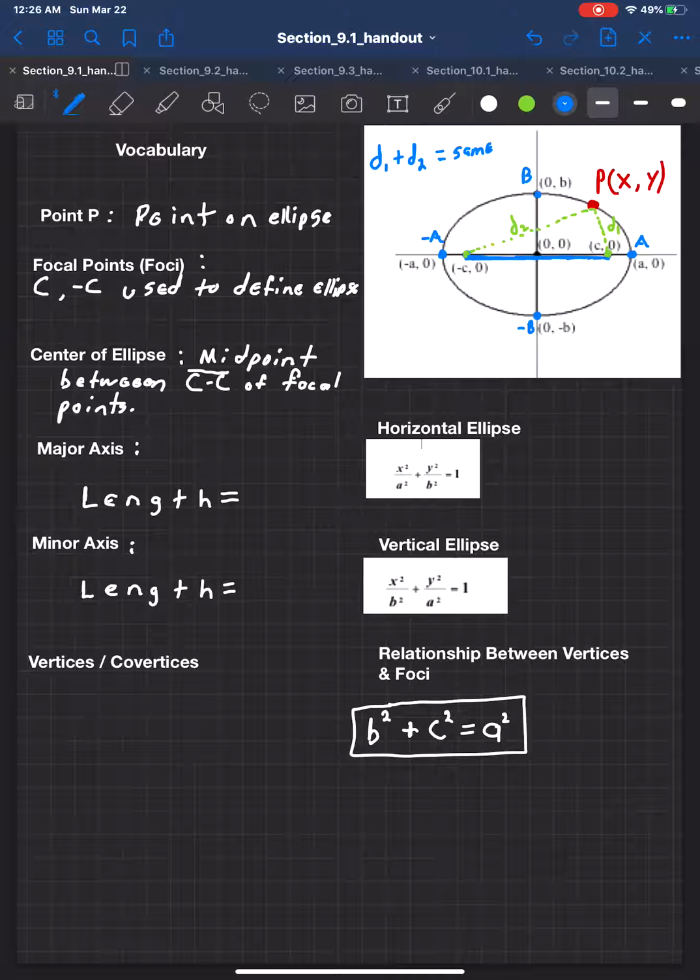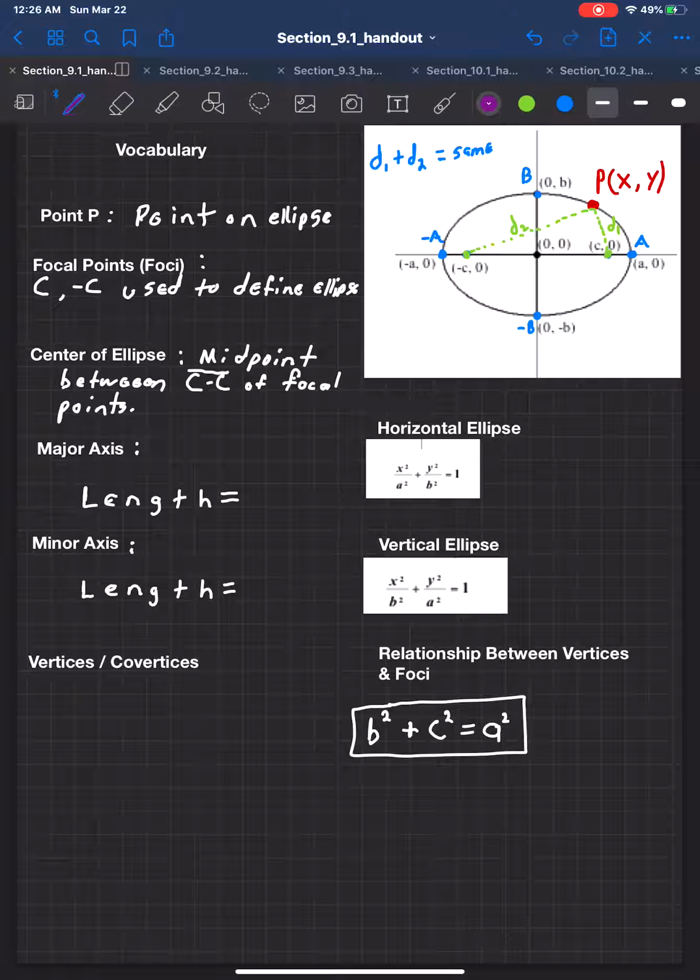Okay. So now I'm going to erase that. There's two different axes that we refer to often: one is the major axis of the ellipse, and one is the minor axis of the ellipse. So let me start with the major axis.